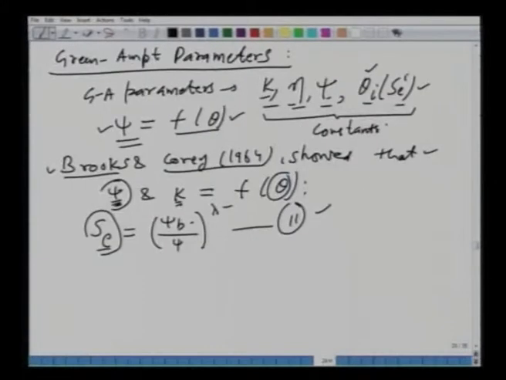Okay. So, this is the equation, and any equation which we have, we need to calibrate or we need to find out the parameters. So, in this equation, what are the parameters and what are the variables?